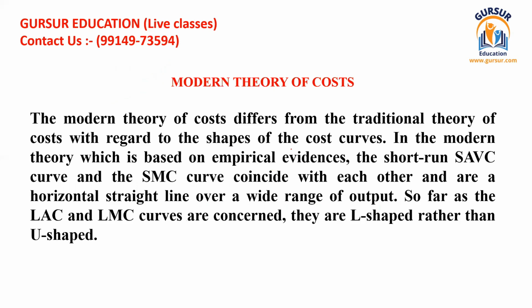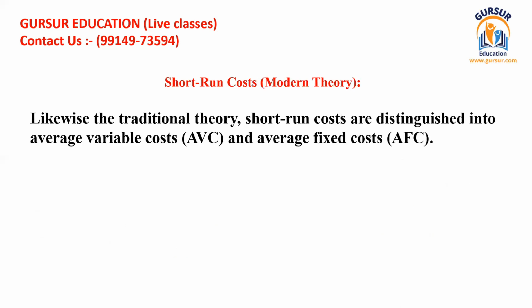But so far as the LAC and LMC curves are concerned, they are L-shaped rather than U-shaped. So the cost curves are L-shaped basically, in the modern theory of cost, which I am going to tell you about right now.